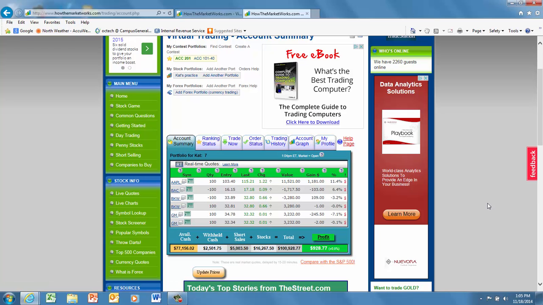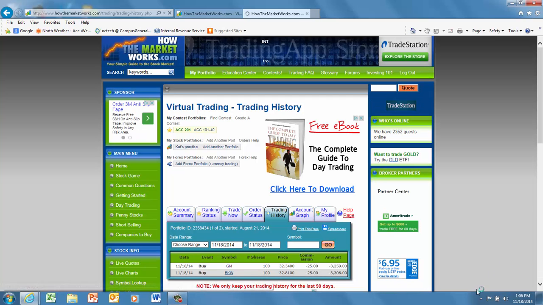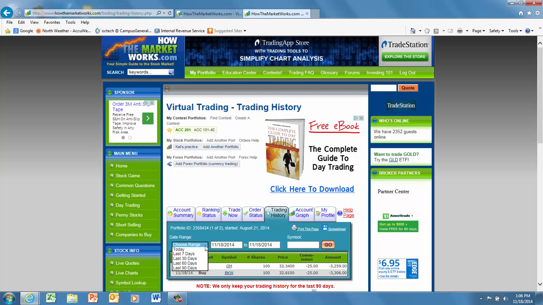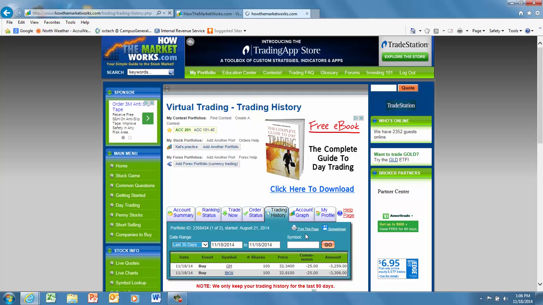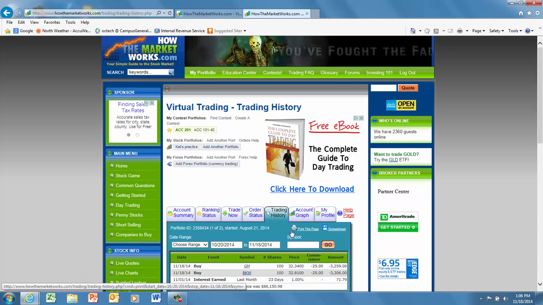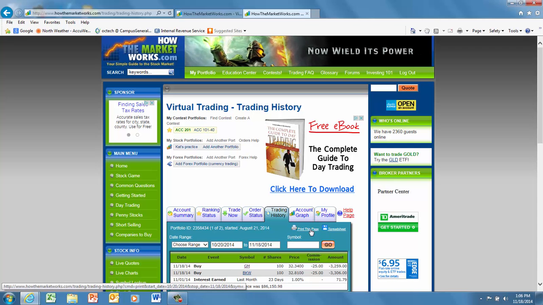Alright, so notice when you get to your trading history, you're going to choose the range, and you'll probably need 30 days because yours is only a 3-week one. But on December 13th, on the last day, you'll go here and you'll do the last 30 days, and then you'll see this thing that says print this page, and you'll need to print that out.